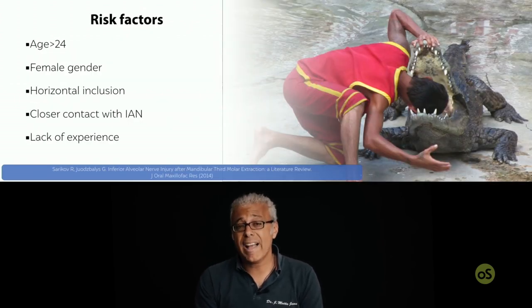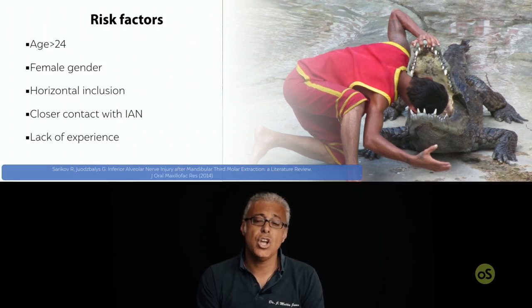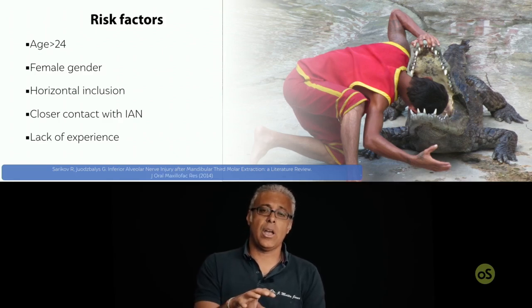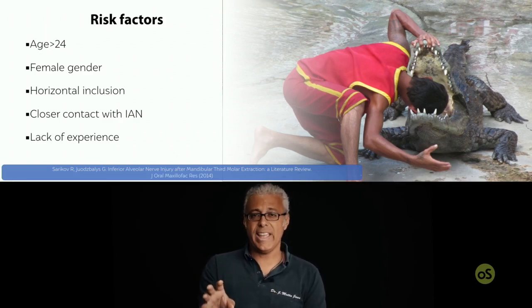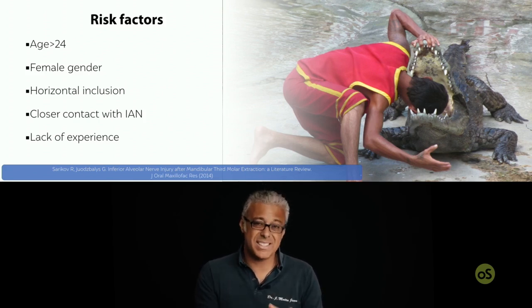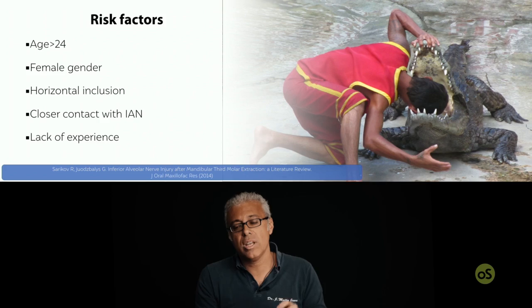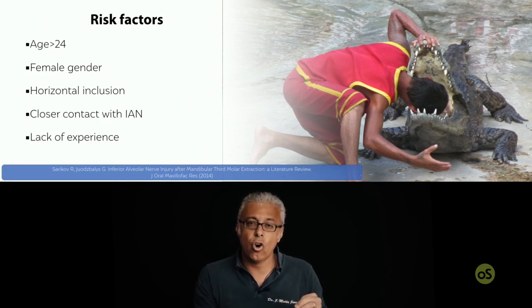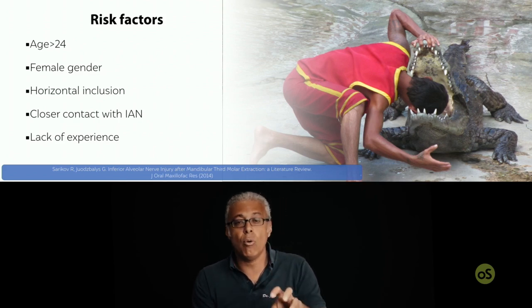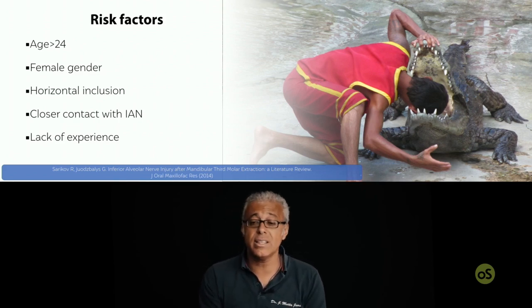What about the risk factors that are found in literature? Well, we know that over 24 years of age, the risk factors increase because the bone becomes denser, because the root becomes completely formed, and we don't have the incomplete formation of the root, which is a favorable moment to extract the wisdom teeth.